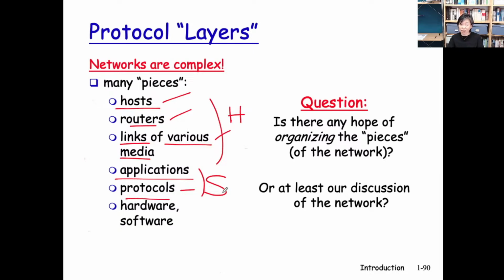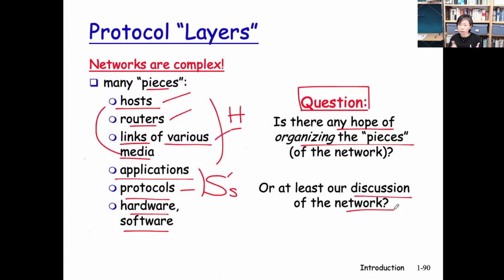And there are a lot of these pieces of software. An application is just one kind of software. So in terms of software, there is a lot more to talk about, a lot more pieces. In fact, the hardware part, and this is a very simplified view, also has a lot of other hardware pieces. To talk about a complex system like this, we have a major question to begin with: is there a way, a hope, to organize these pieces so that it's a little easier to teach or discuss?